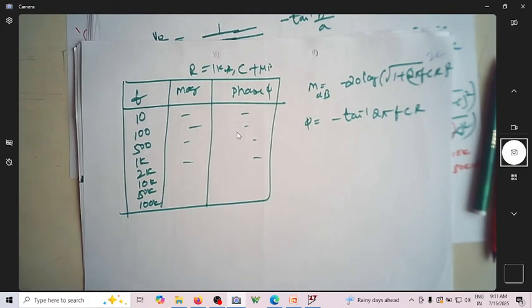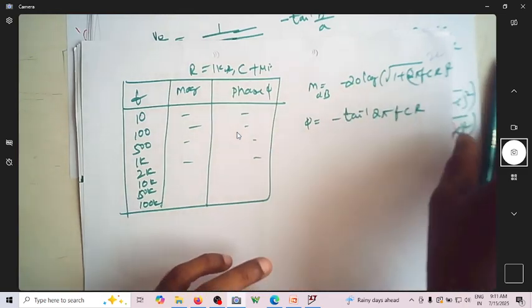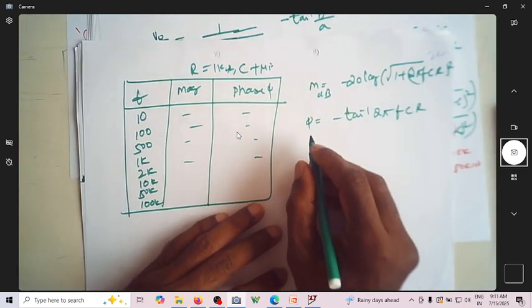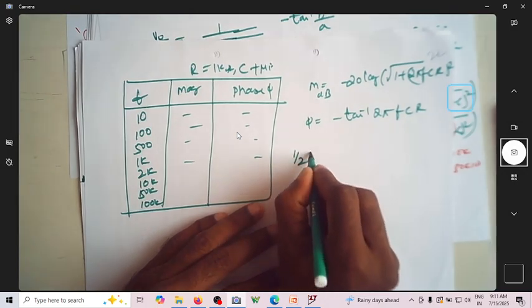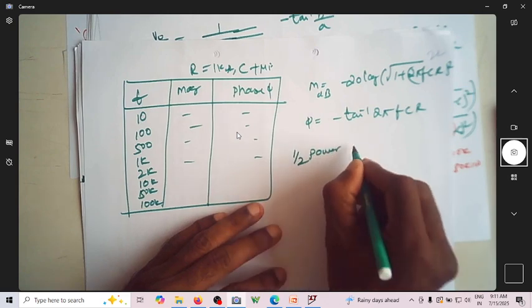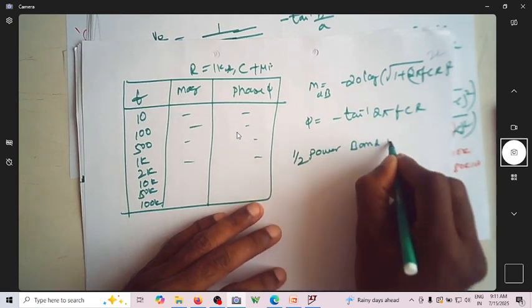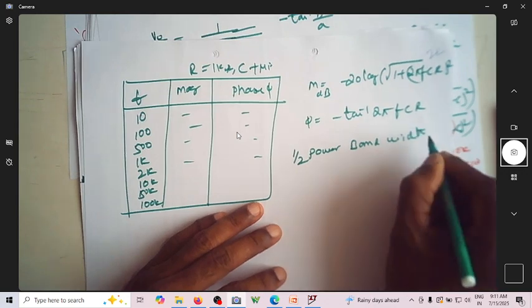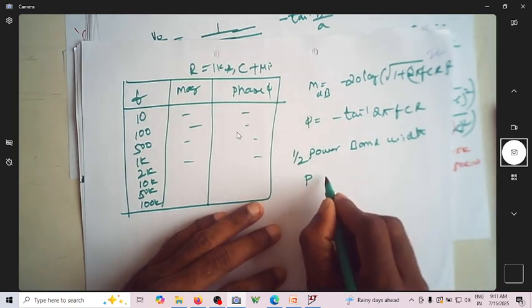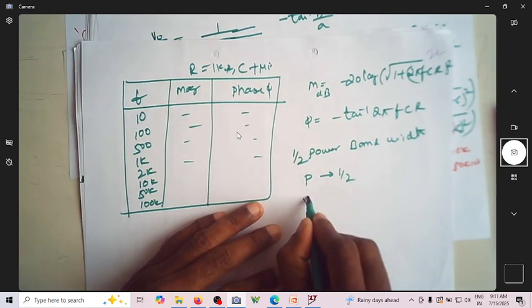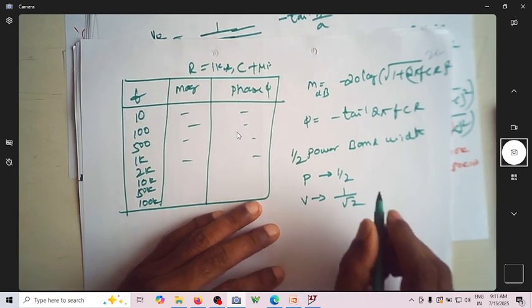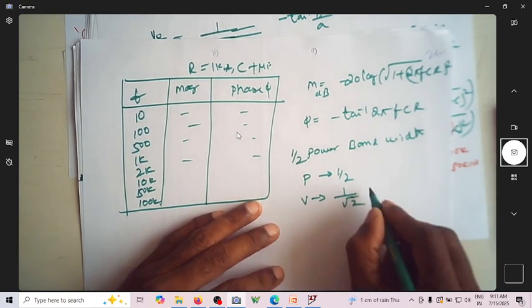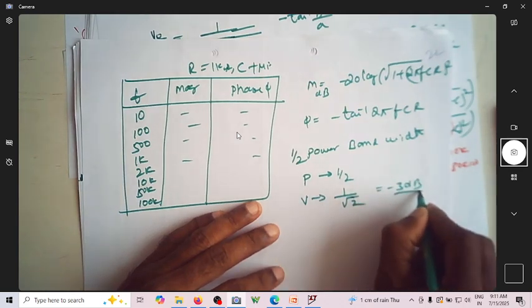And of course we will come to the half power bandwidth. So what is this half power bandwidth? Whenever the power is half, the corresponding voltage becomes 1 over root 2 times, which in terms of dBs corresponds to minus 3 dB.